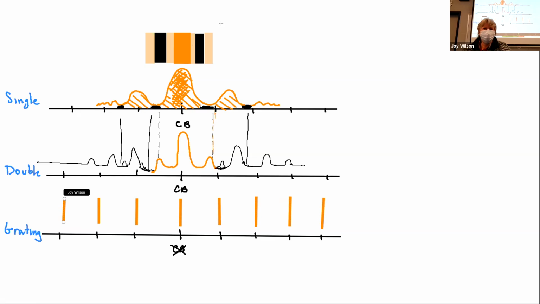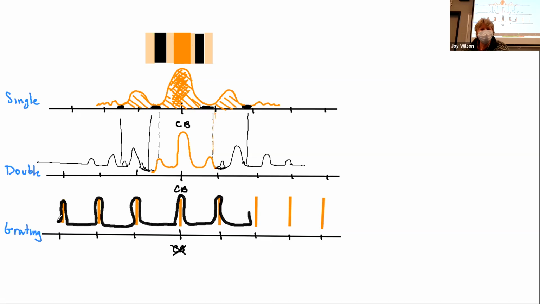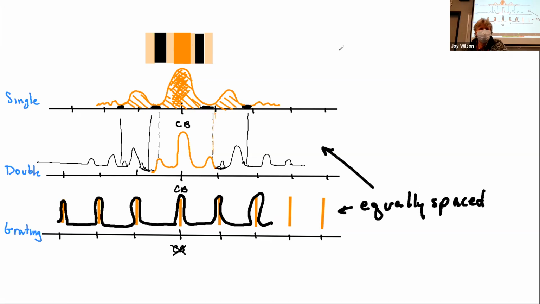And everything else is, so we've got bar, flat, bar, flat, bar. These are equally spaced. So are these. This one is not evenly spaced.